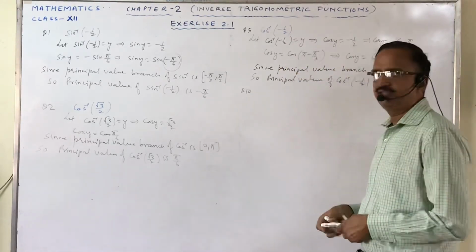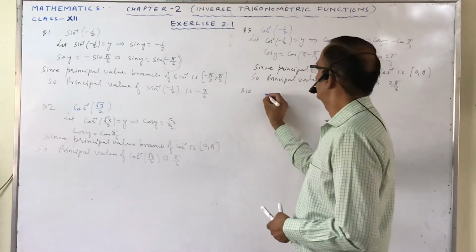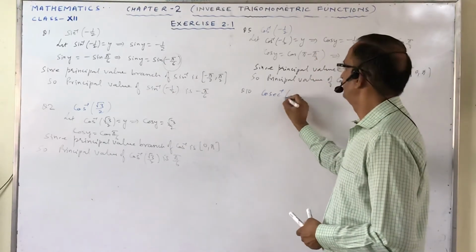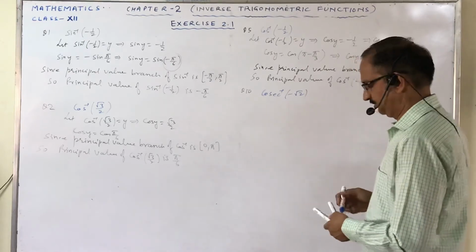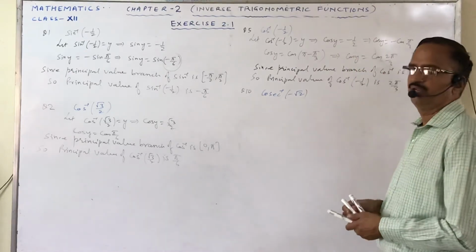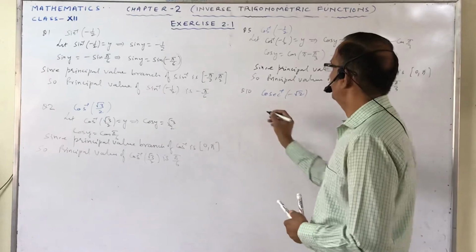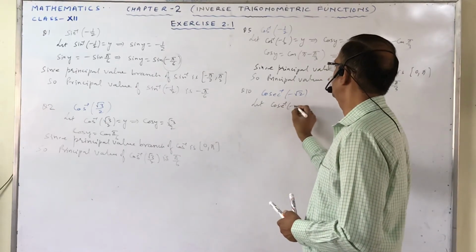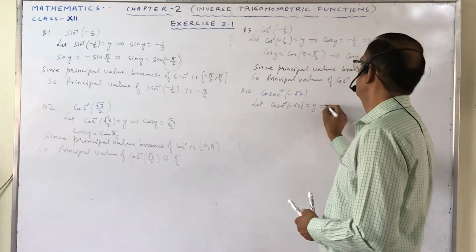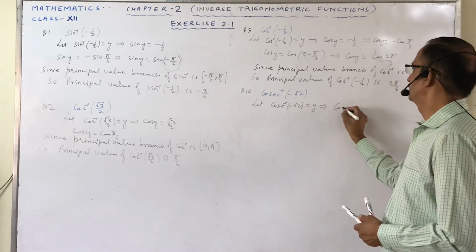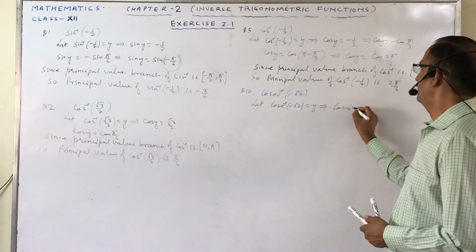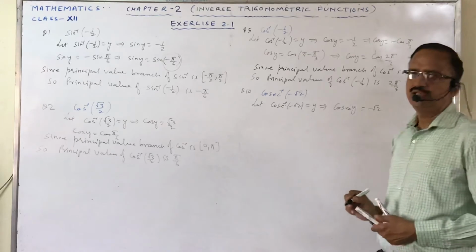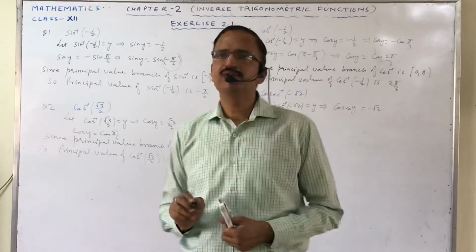Question number 10 is cosec inverse minus root 2. So the same procedure we will apply. Let cosec inverse minus root 2 equal y. This implies that cosec y equals minus root 2, and this is the value at pi by 4.